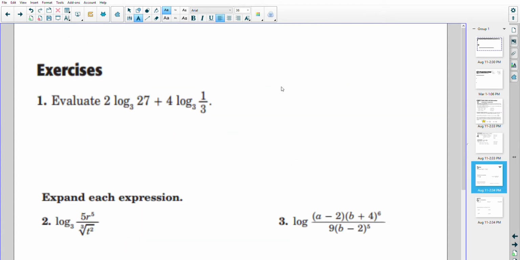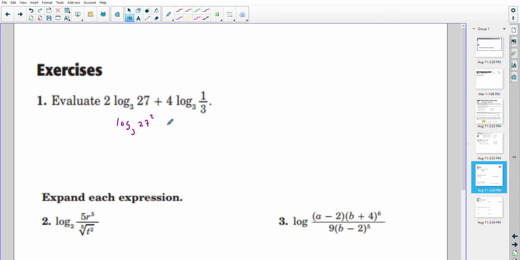So one type of question that you may have is where you're going to evaluate this, which just basically means that you want to condense the expression. And when you condense the expression by applying the properties, you would first write it so it looks like no multiplier out front.